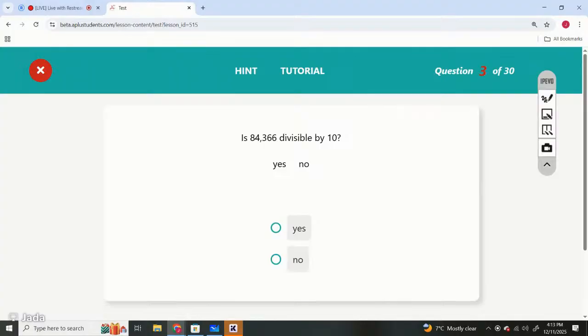No, the number is not divisible by 10 because the ones digit must be 0, but here the ones digit is 6. So no, the number is not divisible by 10.